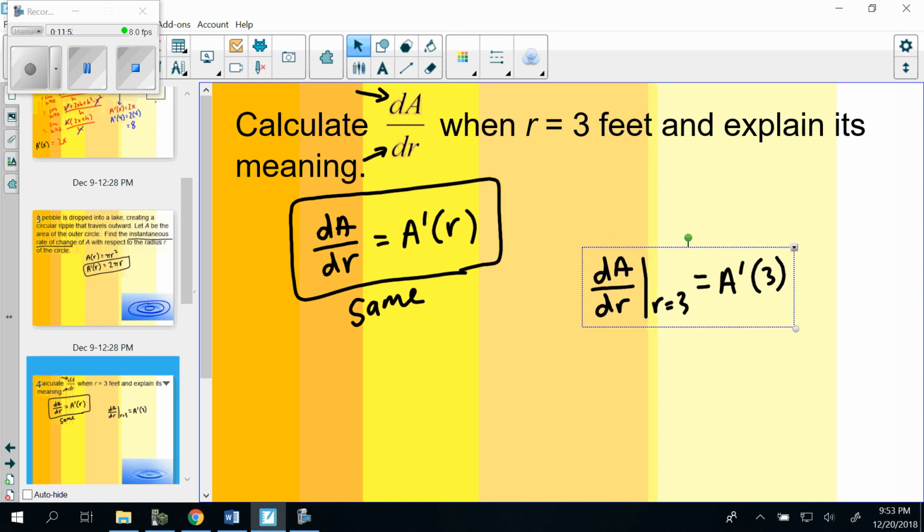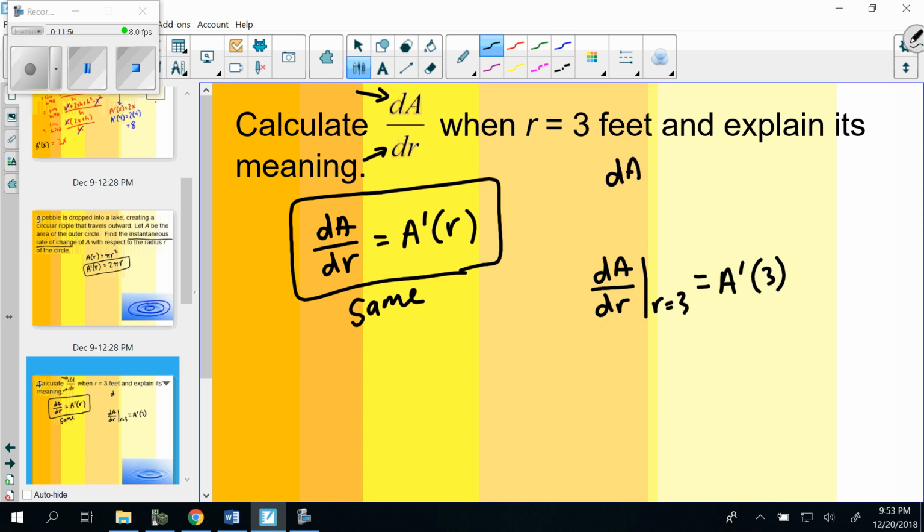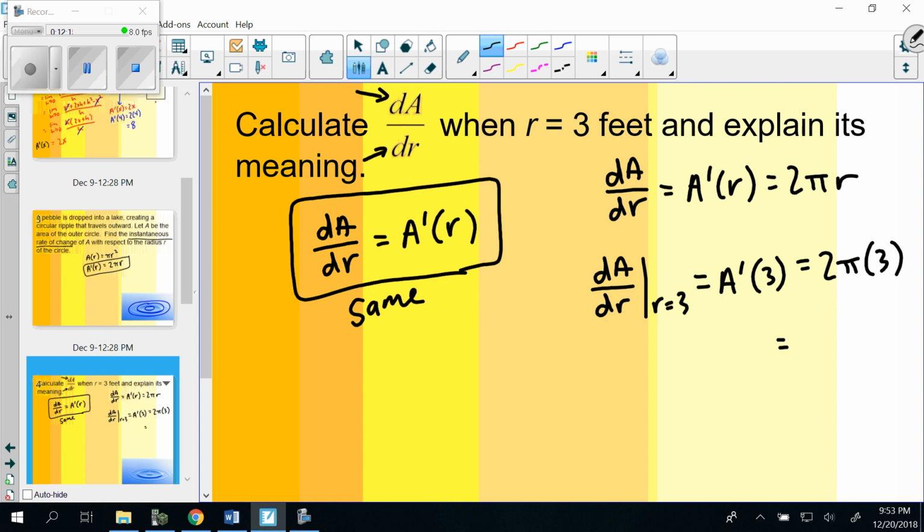The equation we had from the previous slide was that the derivative of the area with respect to the radius was equal to 2 pi r. So now if we want to find that at 3, we want to plug 3 in for the radius. And so the area is changing at a rate of 6 pi when the radius is 3.